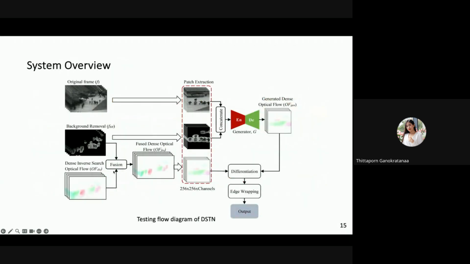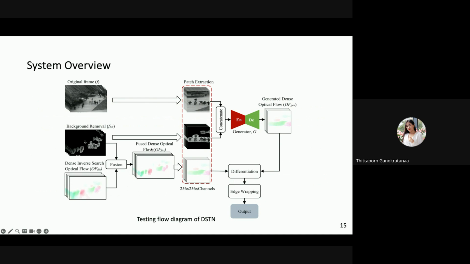Here is the system overview. You can see that we have the original frame, and background removal with the dense inverse search optical flow. Then we fuse these frames together and get the fused dense optical flow, which already reduces the noise from the background removal and the dense inverse search optical flow.